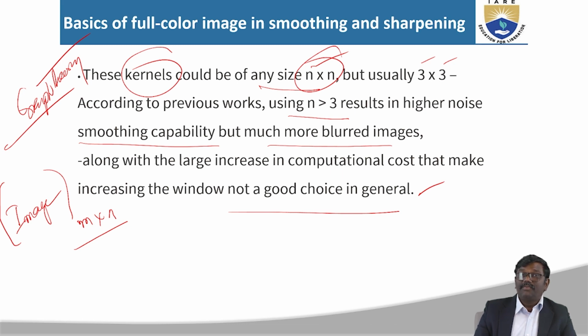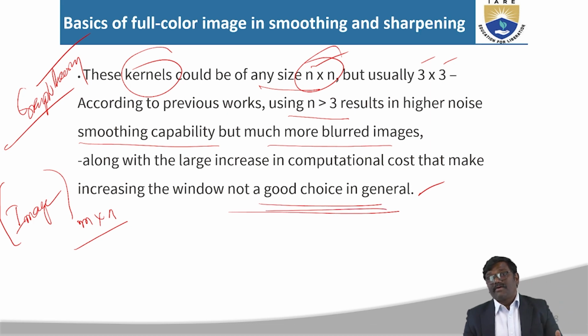So that is a good choice in general for smoothing and sharpening. Then we remove the noise and make the image visually high quality, which can be achieved for a full color image by smoothing and sharpening.